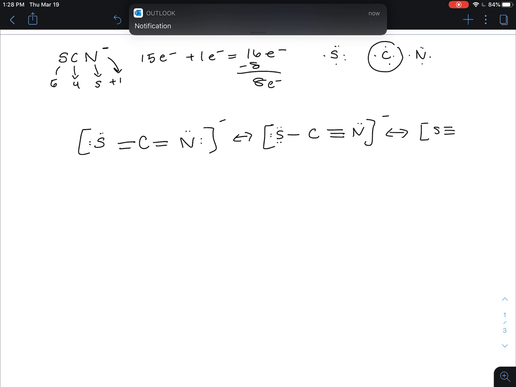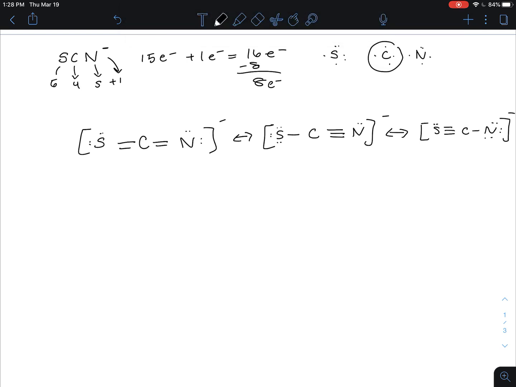So I also have my electrons here. Now I have one more possibility. What if sulfur had the triple bond from the carbon? 2, 4, 6, 8, 10, 12, 14, 16. So the reason that I show you this is because all of these are possible.